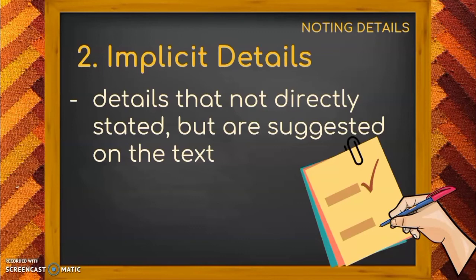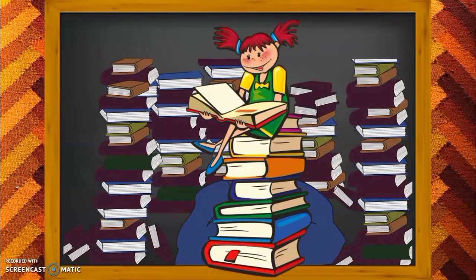Maybe the theme of the story, or the mood of the story, or the purpose of the author in writing the story. So these are the implicit details. You have to remember that once you are noting details, there are two types of details, and that is explicit and implicit details. And that ends our discussion for today.